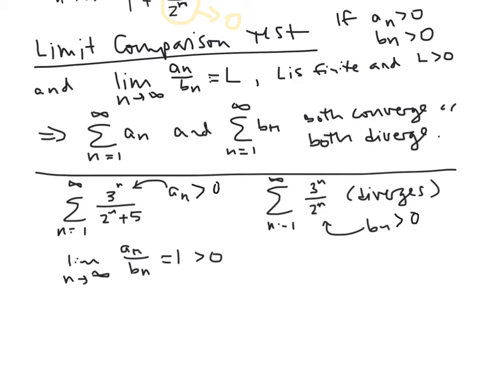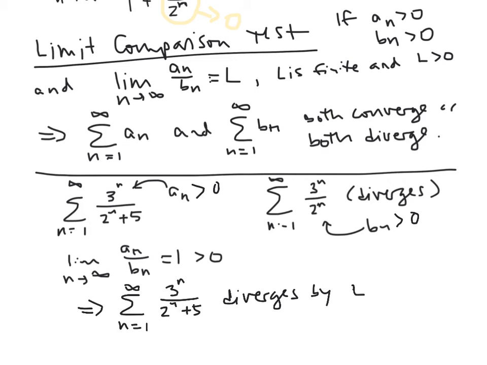And furthermore, we just showed above that the limit of the a sub n's over the b sub n's is 1. That is a positive number that is finite. So what we conclude is that the first series that we wrote down, the sum of 3 to the n over 2 to the n plus 5, diverges by the limit comparison test.